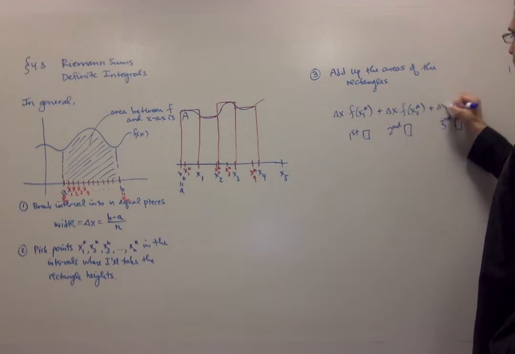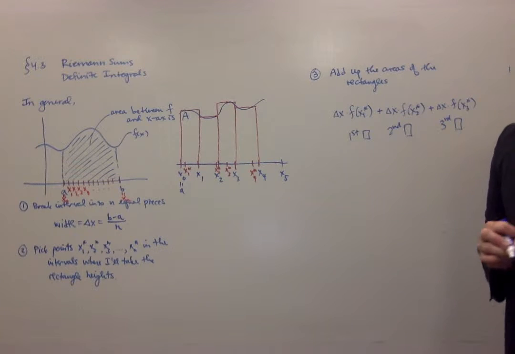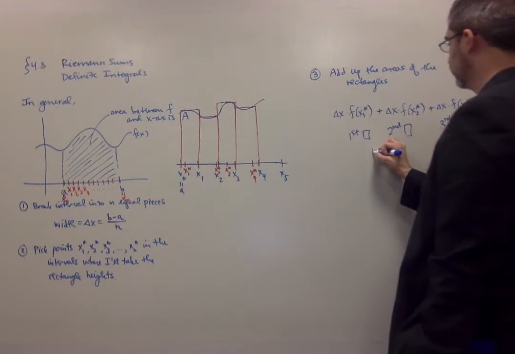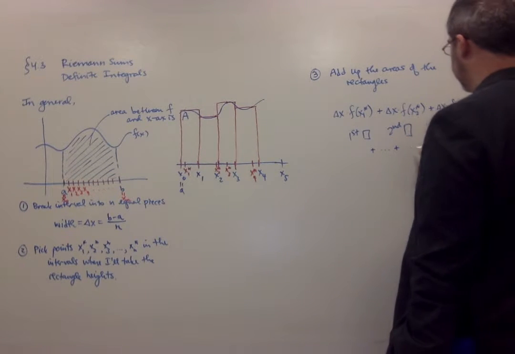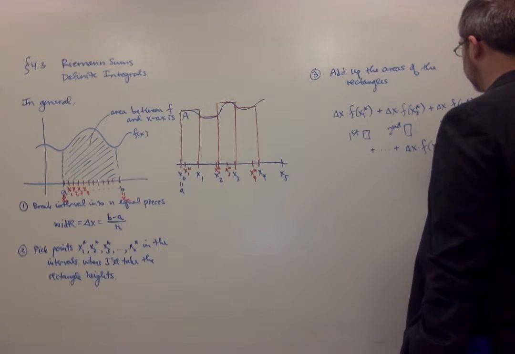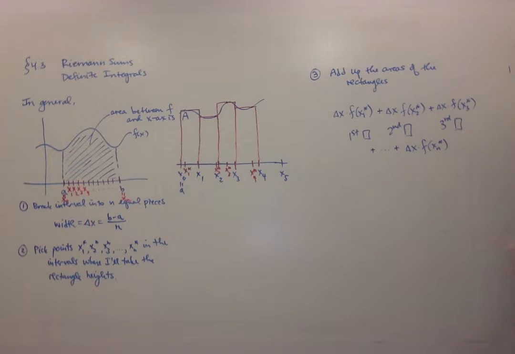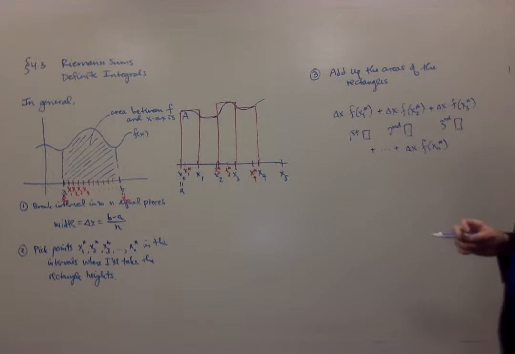Delta x is our width. The height is going to be f of x3 star, right? Okay, and then the last one's going to be delta x times f of x n star. Okay, got it? So those are the areas of our rectangles.